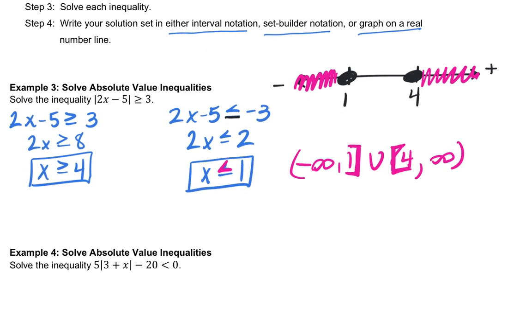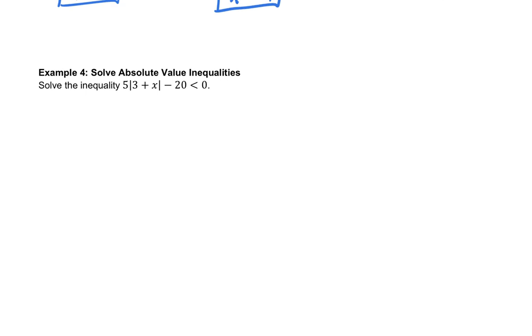All right. Next question. We have to rearrange this one and make it in the right format. So I've got 5 times 3 plus x, and that's going to be less than 20. Then I'm going to divide by 5. So 3 plus x is less than 4.